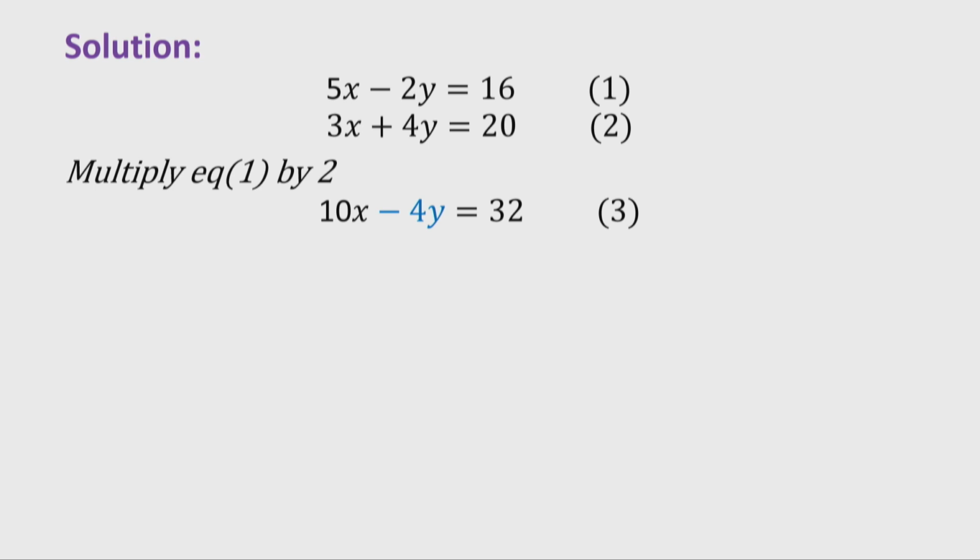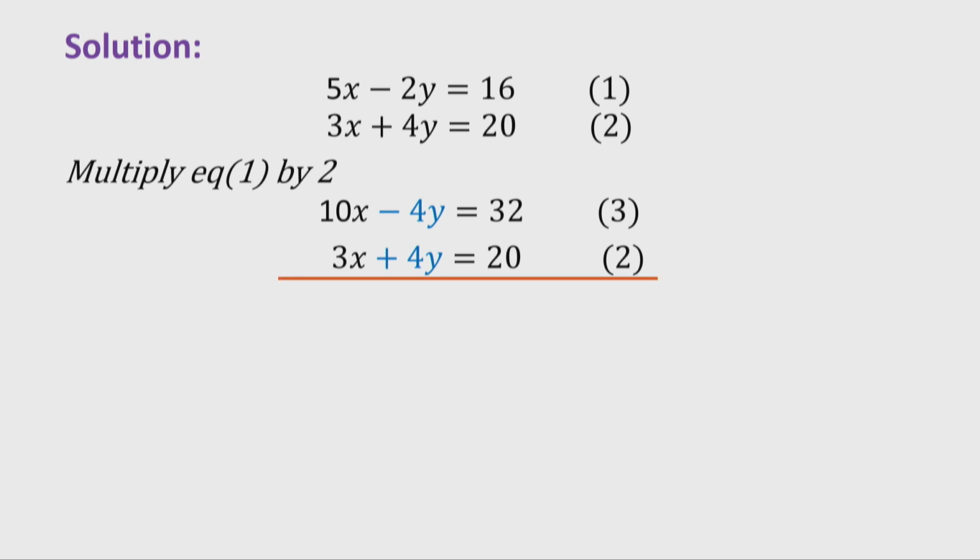So multiplying equation 1 by 2 will give me 10x minus 4y equal to 32. And I have called it equation 3. Now I will work with equation 2 and equation 3. So you can see here that we have the same coefficient for y, but we have opposite sign. Do you still remember what to do when we have opposite signs?